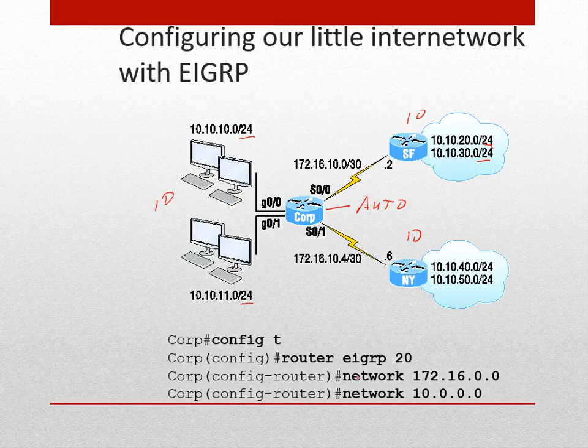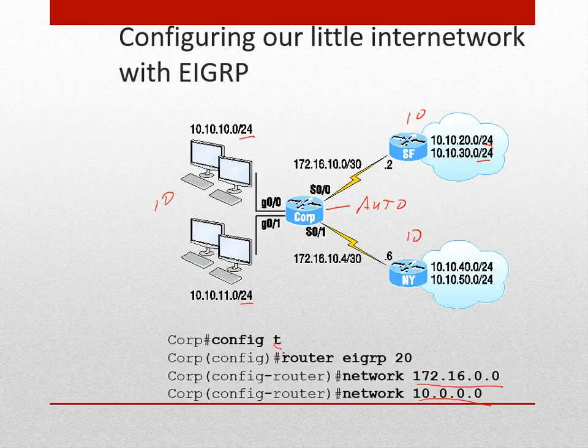We'll look at those. This one uses 172.16, so you can just use the classful subnet address. If we had a 192.168, we just have the 192.168.10 network. That's the only thing that you have to advertise.